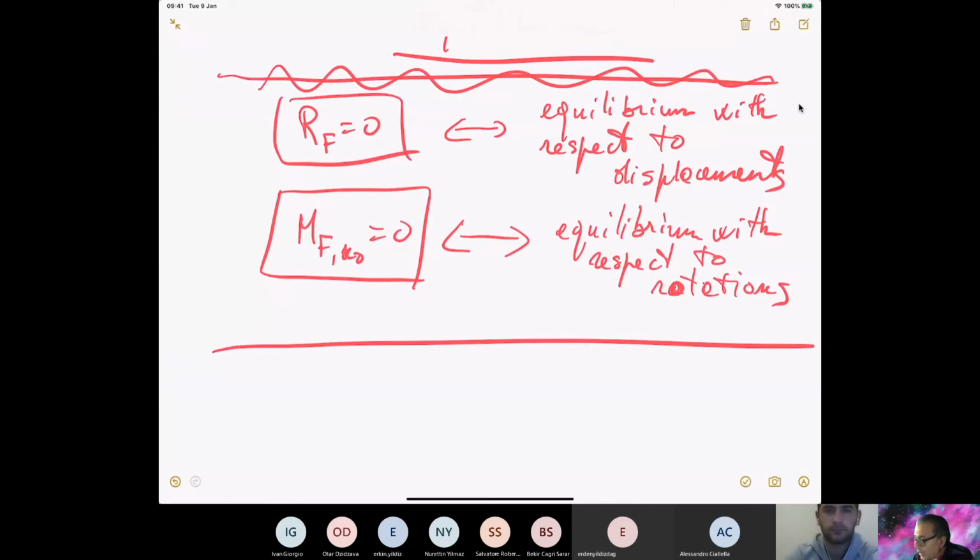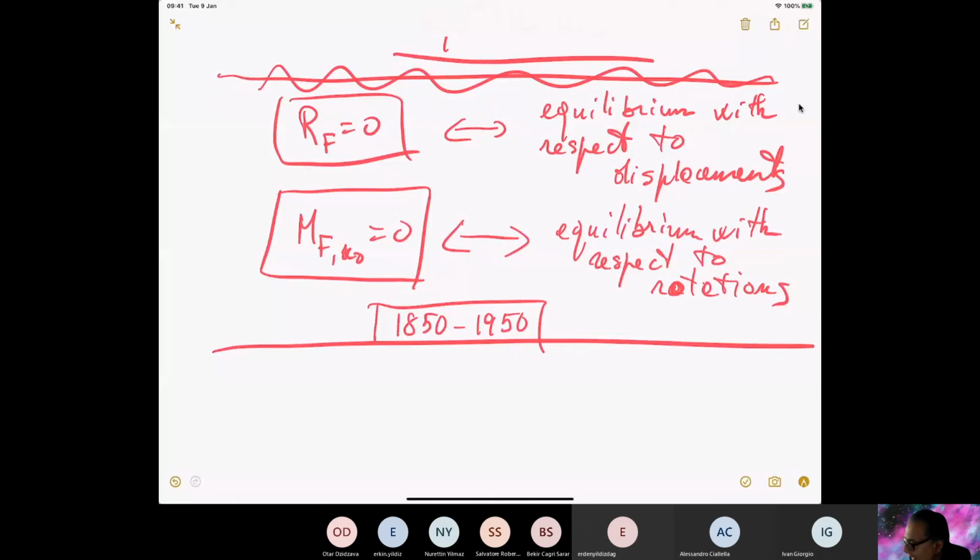So if you go and check every book dating between 1885 and 1950, you find always these conditions called equilibrium with respect to displacements and equilibrium with respect to rotations. So it is clear that they were invented using the reasoning which I gave you now.